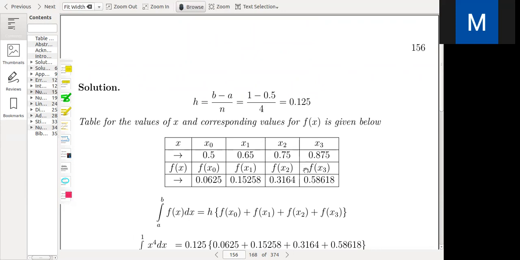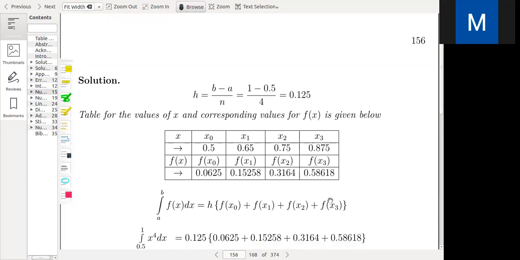And the next point is 0.65 plus 0.125, which will be 0.75. And the next point, 0.75 plus 0.125, is 0.875, and the next point will be 0.875 plus 0.125, which will be exactly equal to 1.